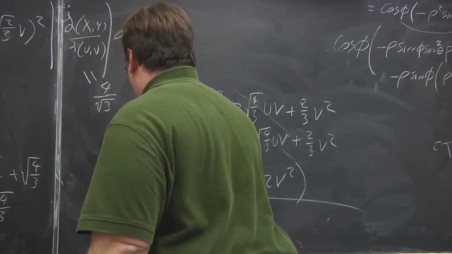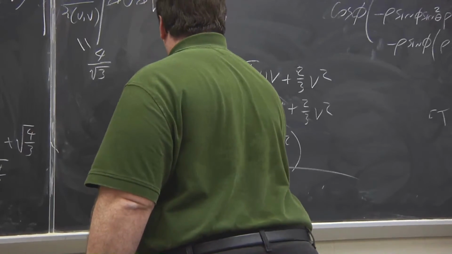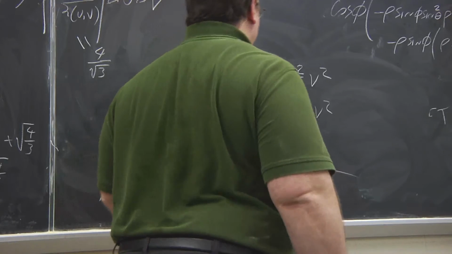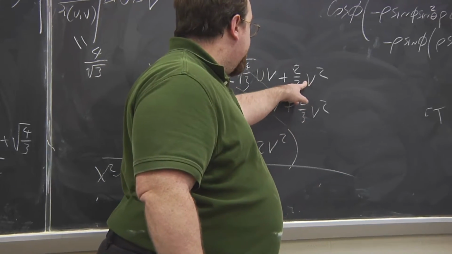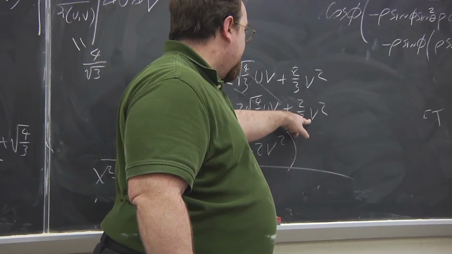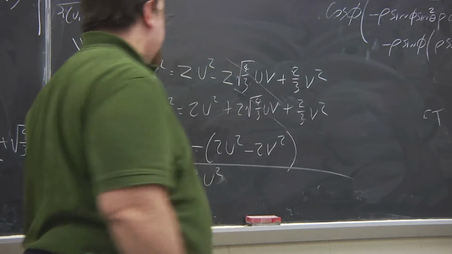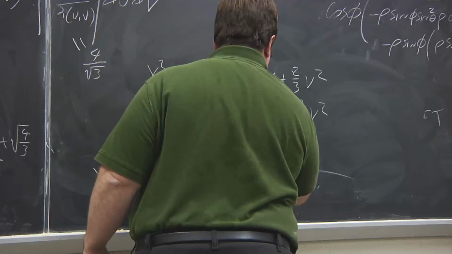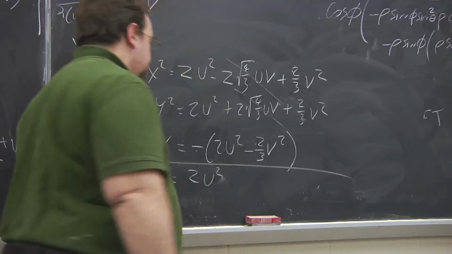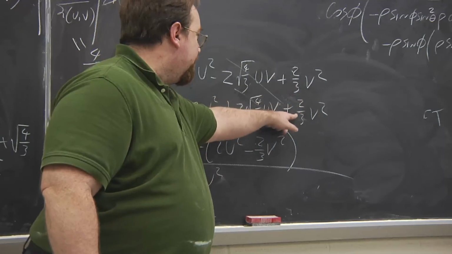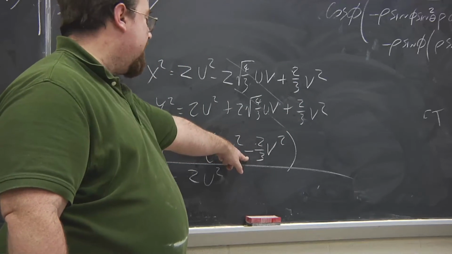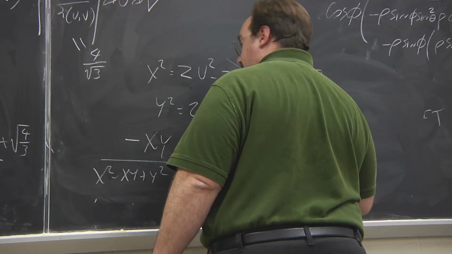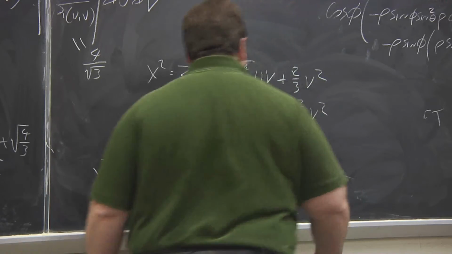So x squared minus xy plus y squared is 2u squared. And then we have 2/3 v squared, again, so we have 4/3 v squared, and I have 2/3 there as well. So we have 2/3, 2/3, and plus 2/3 again. So I get 2v squared. And all of this is equal to 2.